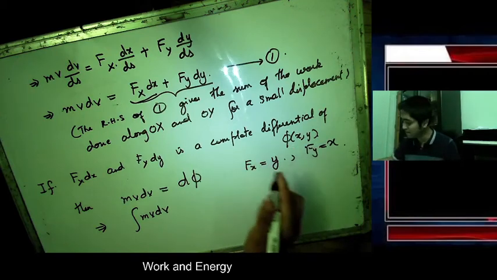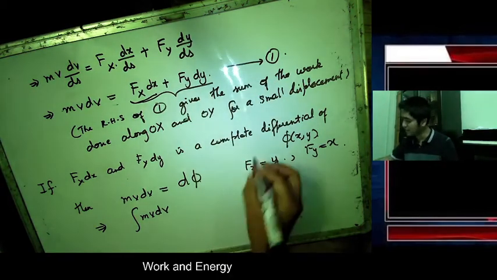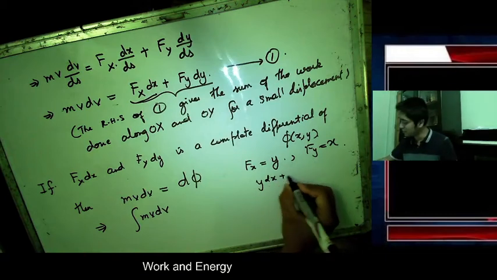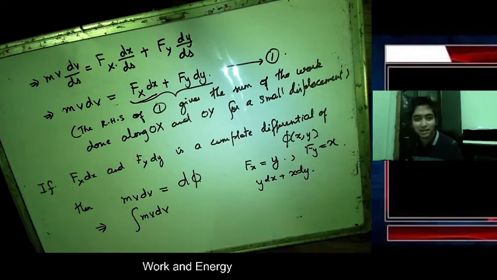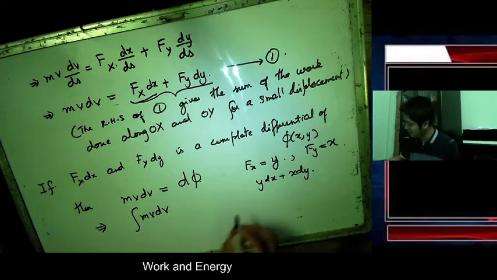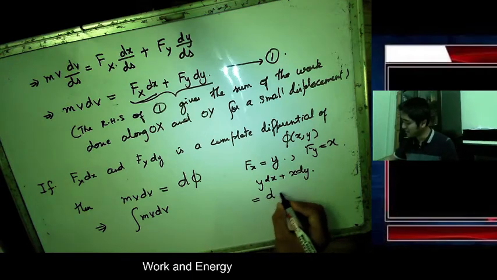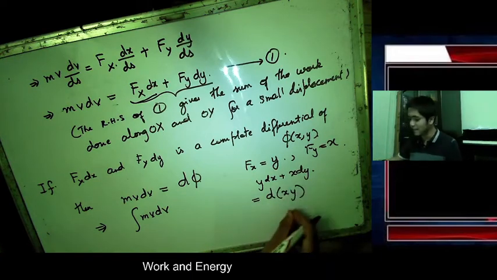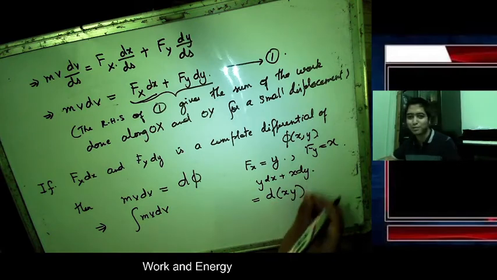Then equation 1 can be written as y dx plus x dy. But this can be combined as d(xy), which is x dy plus y dx.